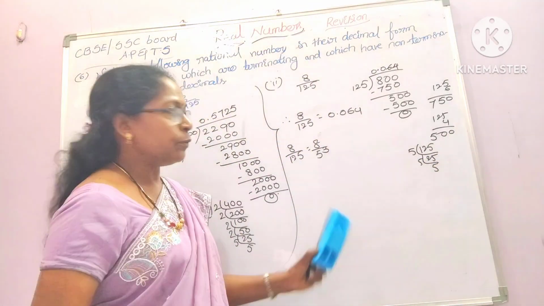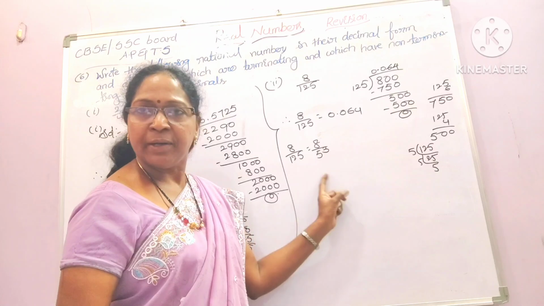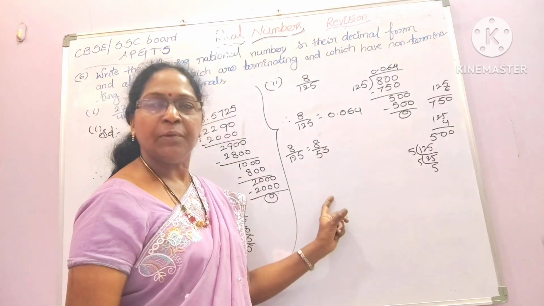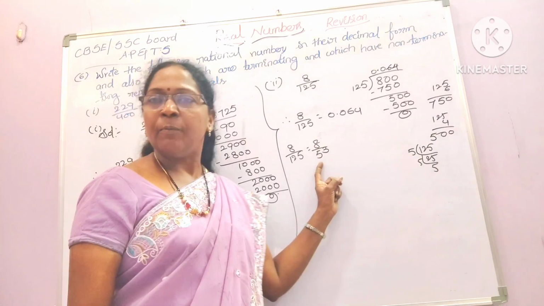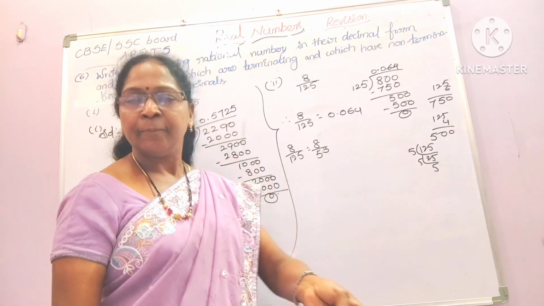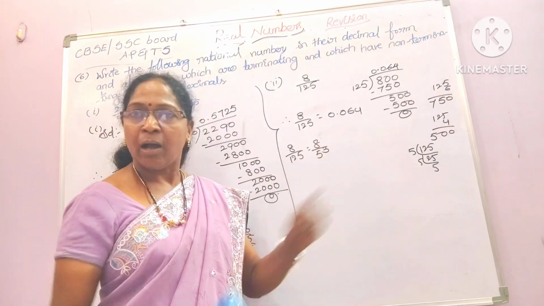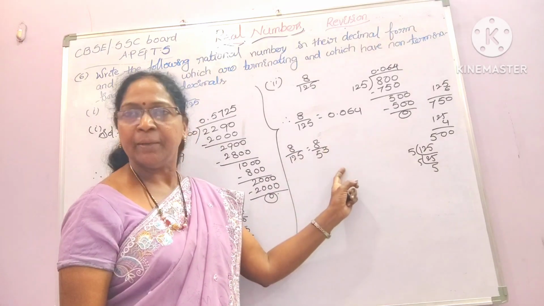So 5 cube, that means the denominator is in the form of 5 to the power of m. So simply you can say that yes, it is a terminating decimal. Why? Because the denominator is in the form of 2 power n or 5 power m, or both 2 power n and 5 power m.